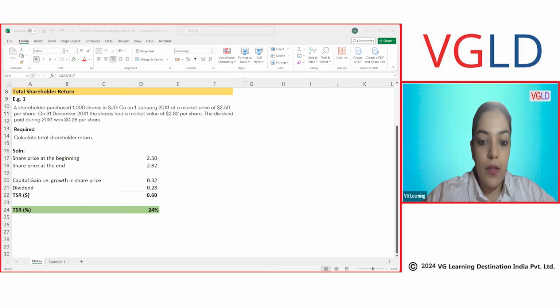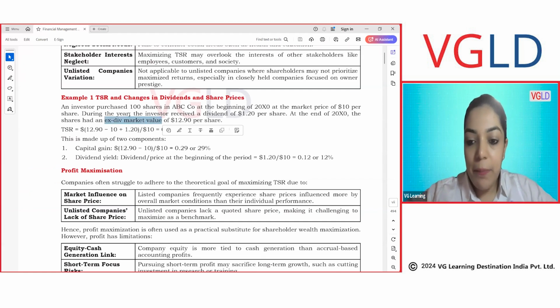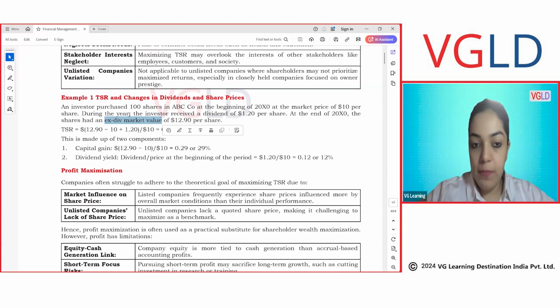All right. Now, if I just take you back to the question we solved before this, there was a term called ex-dividend market value. It's a very commonly used term. You should be aware about it, so I'll explain it to you here in Excel.